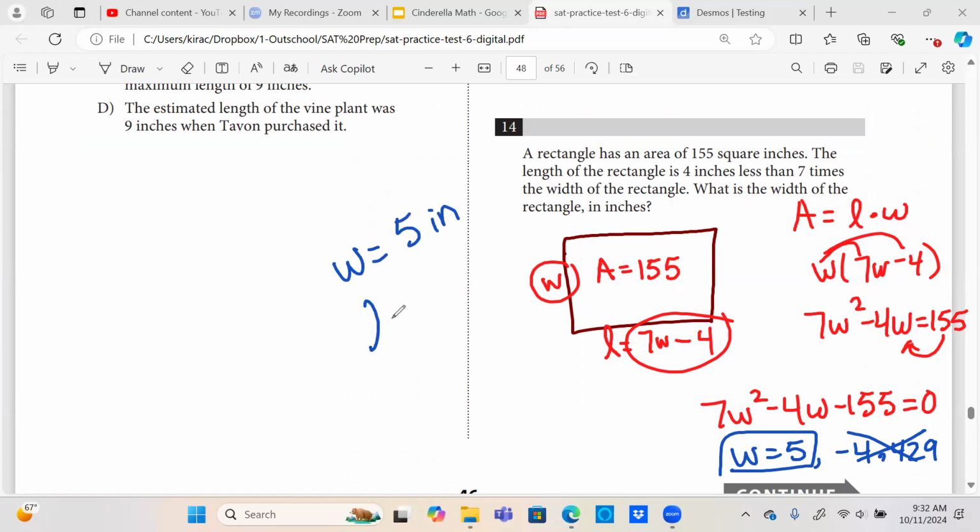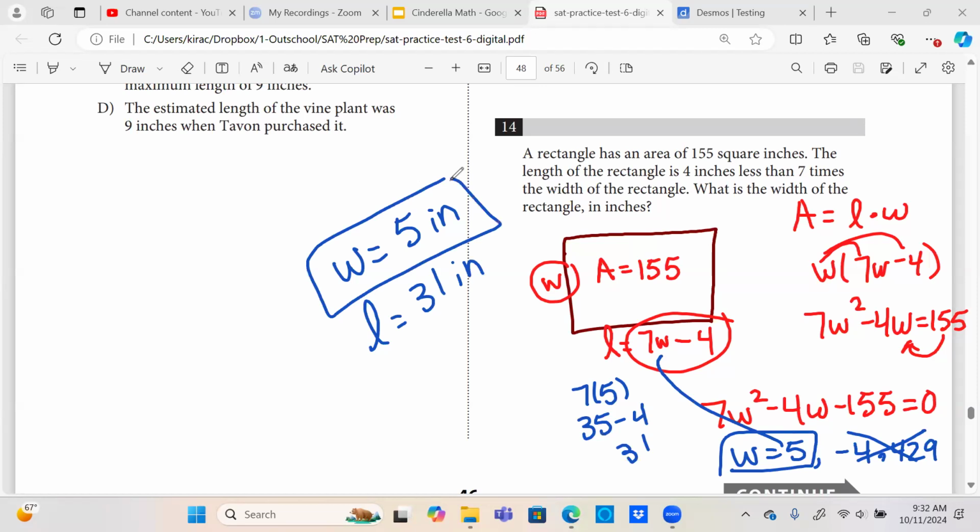If they would have asked for the length, you would have just put this 5 back in. You would have done 7 times 5, so 35 minus 4, which is 31. They didn't ask that, but they could have. They just wanted the width. So it looks like a geometry problem, and it is, but it certainly did mix in some algebra there. All right.